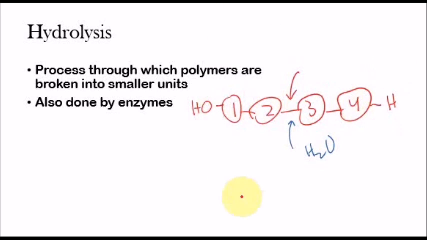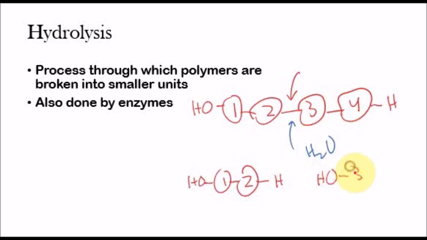So we'll get this: one of the hydrogen atoms will attach to this side of the polymer, and we'll have a shorter polymer here. Then the hydroxyl group will form here, and then we'll have monomer number 3, monomer number 4, and then our hydrogen atom.